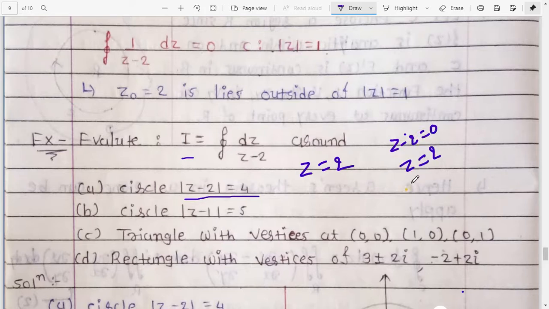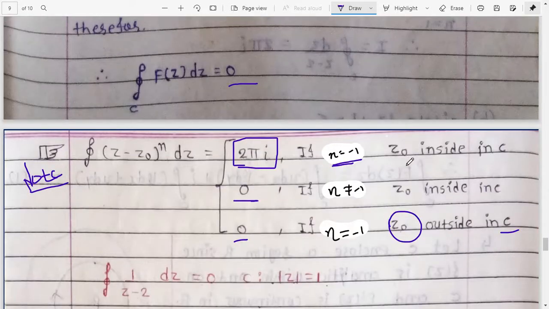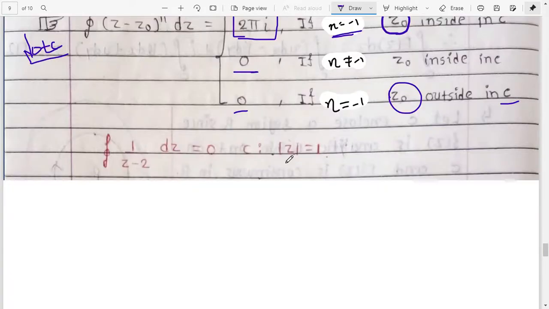So Z0 is equal to 2. Z minus Z0 raised to minus 1, so n is equal to minus 1, and Z0 is inside, so the integration is 2 pi i.